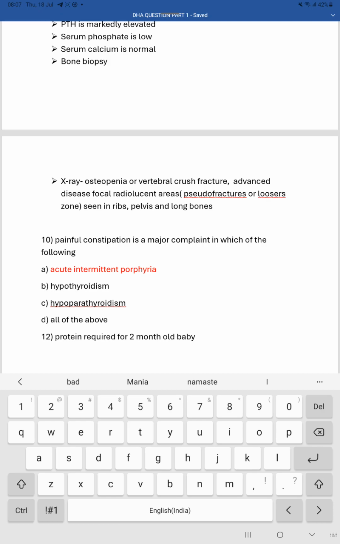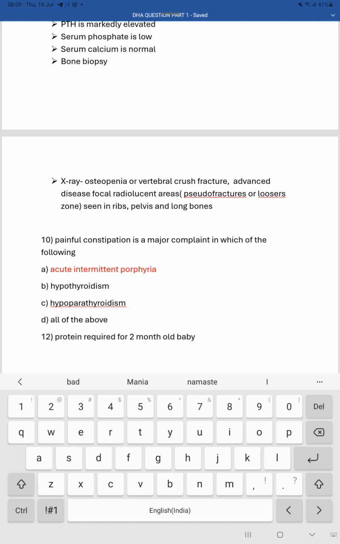In hypoparathyroidism, you can get constipation, but it is not painful, it's a normal constipation. In acute intermittent porphyria you will get painful constipation. So among these four options, acute intermittent porphyria is the answer.